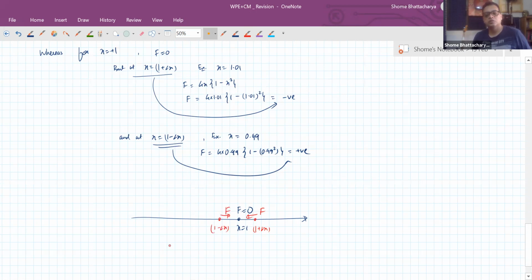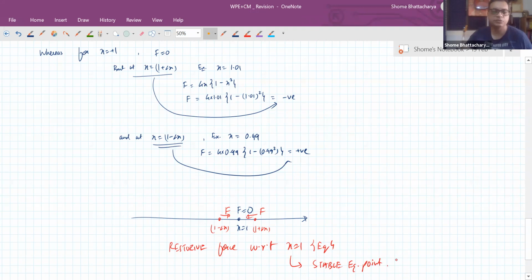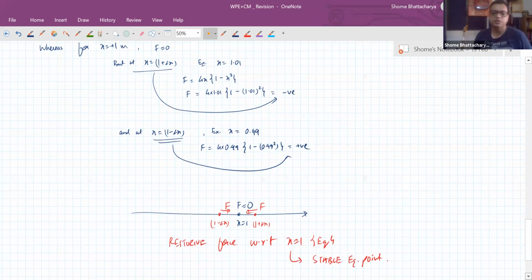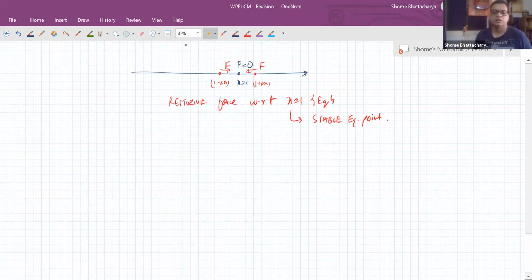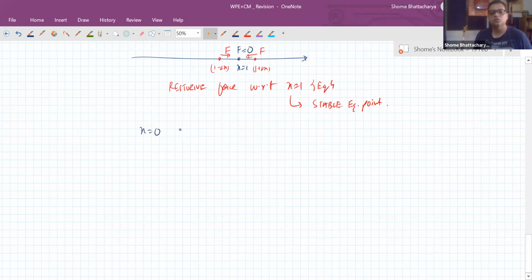So we have a restorative force with respect to x equal to 1, which is an equilibrium point. So hence x equal to 1 becomes a stable equilibrium point. And we can similarly make an argument for the point x equal to minus 1 meters, which will also be a stable equilibrium point.